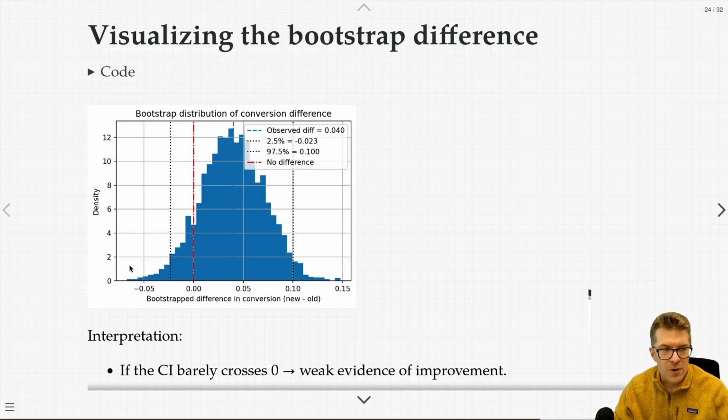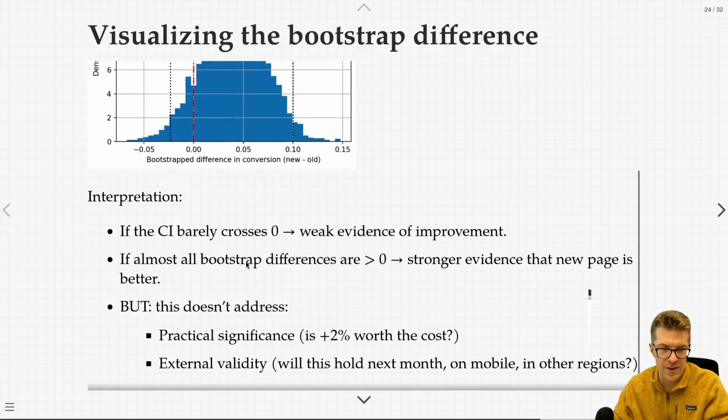Often in the real world, we need to talk about our confidence in a decision, and merely saying that the new page is better than the old page, full stop, is incomplete, and just to be fair, a little bit dumb. We need to think about our own uncertainty about the statistics we're computing. Bootstrapping allows us to do that through these confidence intervals, and it allows us to compare any particular statistic, in this case no difference, against that confidence interval.